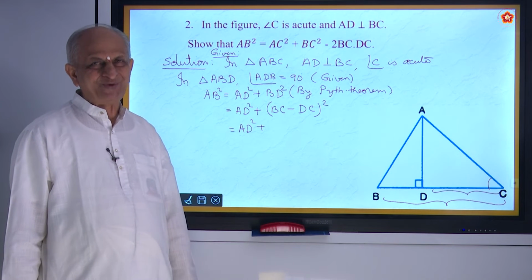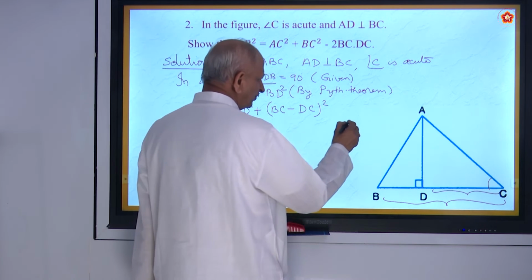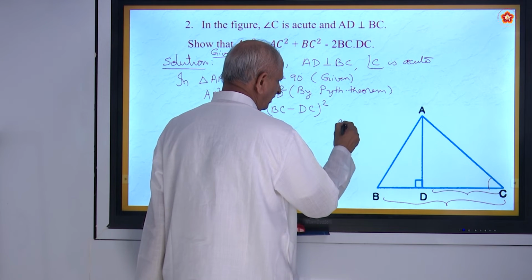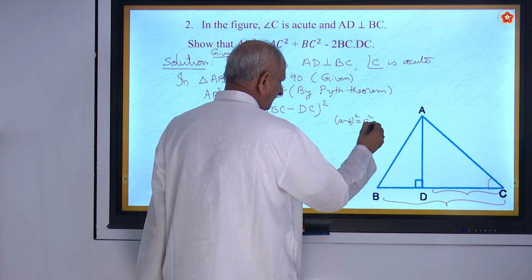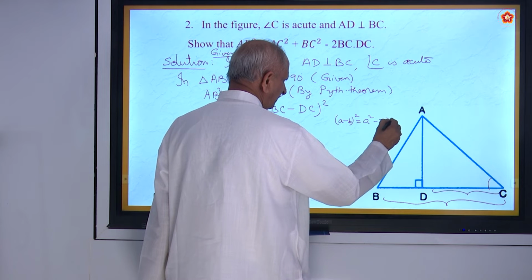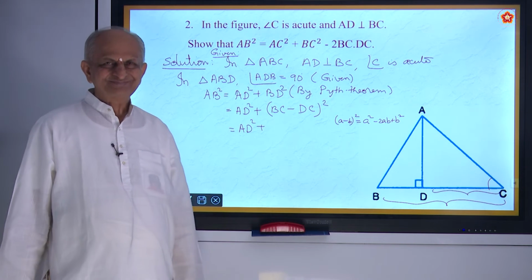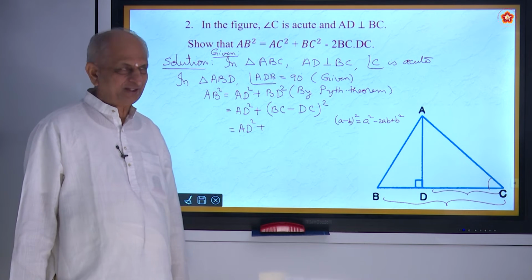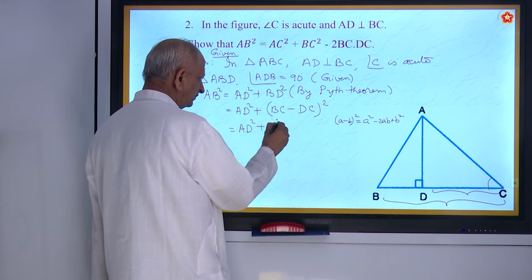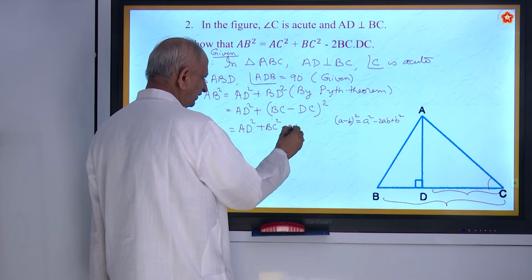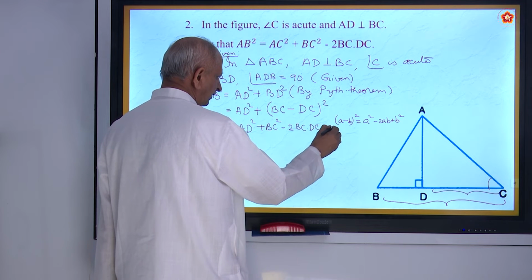A minus B whole square. Yesterday in algebra, right? Come on, anybody? The formula is A minus B whole square is equal to A squared minus 2AB plus B square. Remember? Very important formulas in algebra. That you apply here. BC square minus 2BC into DC plus DC square.